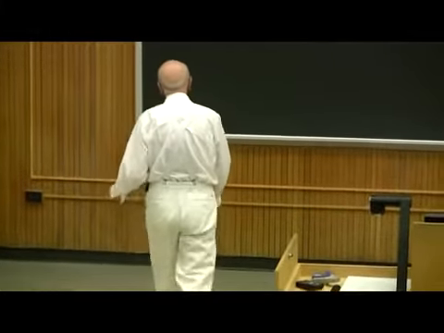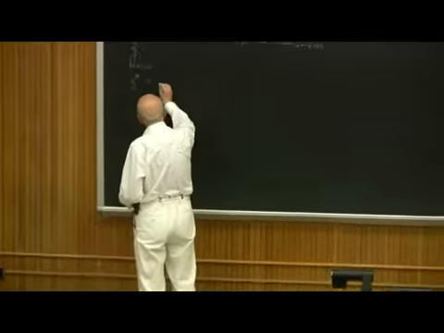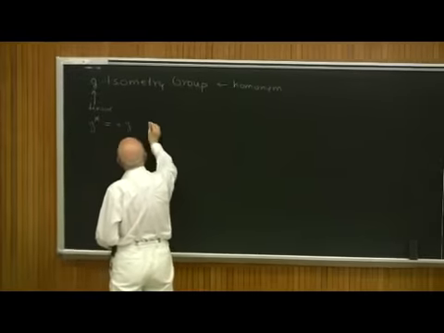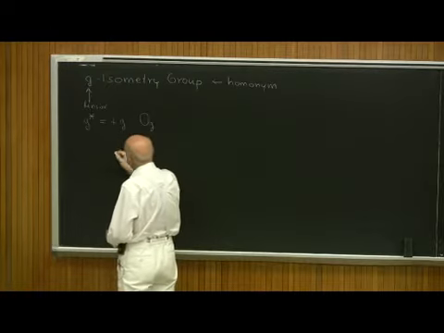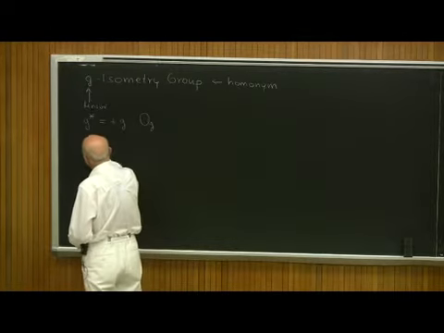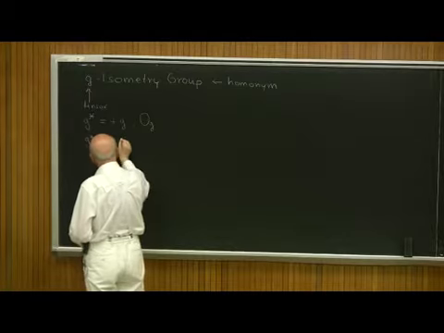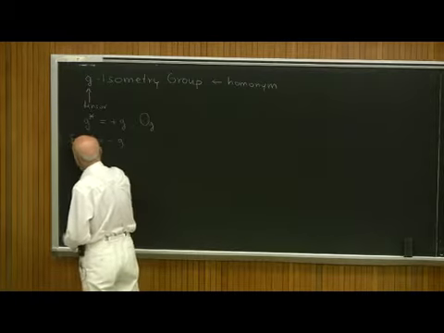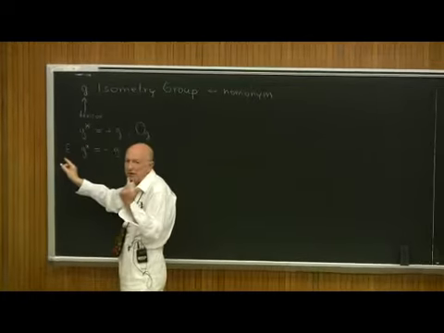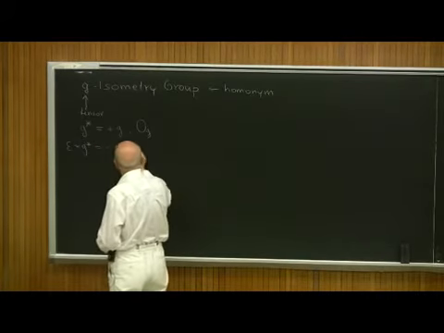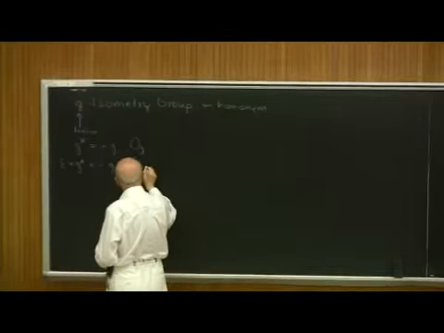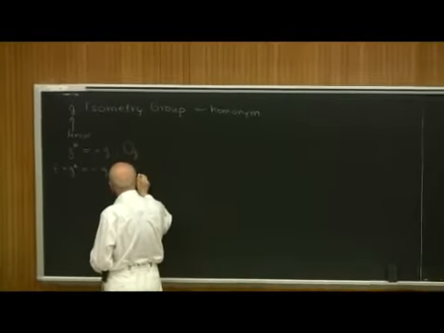So if this is symmetric, this isometry group is called the orthogonal group. But if this is skew symmetric, which Jurek denotes by epsilon in his lecture yesterday, then you have a symplectic group for this tensor.